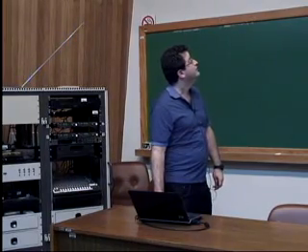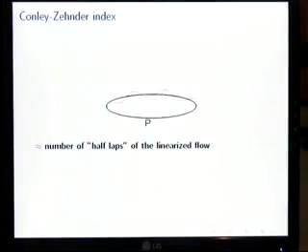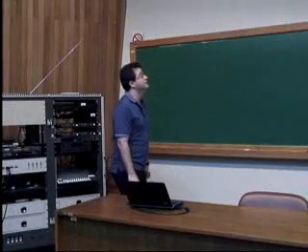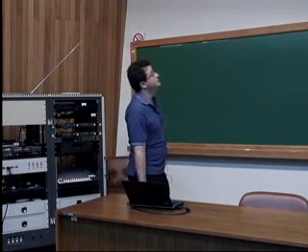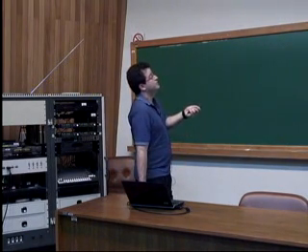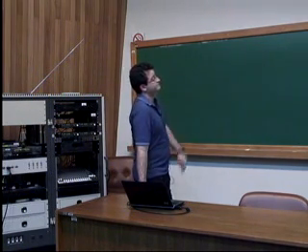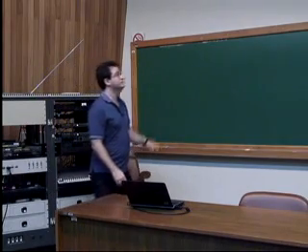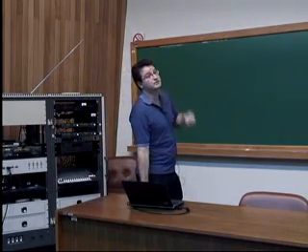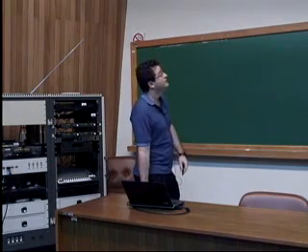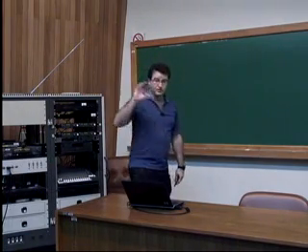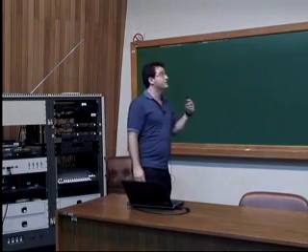So let me just give an idea of the Conley-Zehnder index. In general, you can take a periodic orbit, represented by P, and there is some way to define it, but very roughly speaking it is just how nearby orbits will turn around the given orbit. So in fact, this would approximately be the number of half-laps.